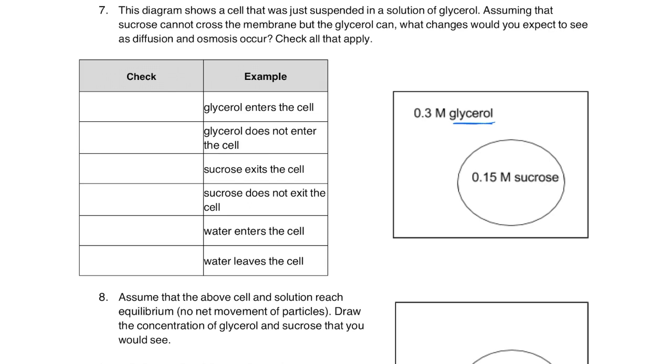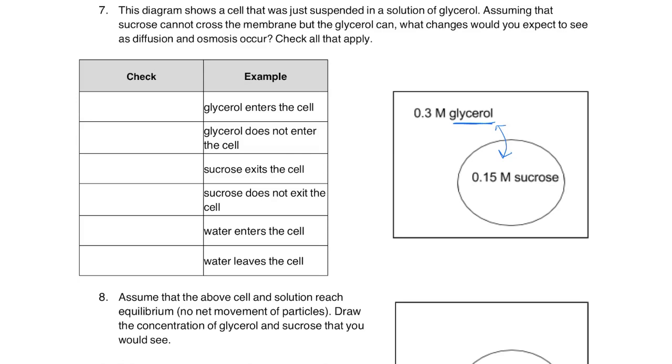So first, let's talk about our solutes here. Our glycerol can cross the cell membrane, so what we're going to see is glycerol going into and out of the cell. And because glycerol is starting off only on the outside of the cell, it needs to reach equilibrium. It's going to reach equilibrium by dividing in half of this 0.3.